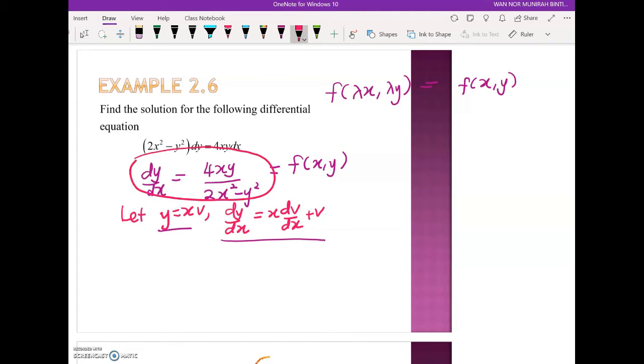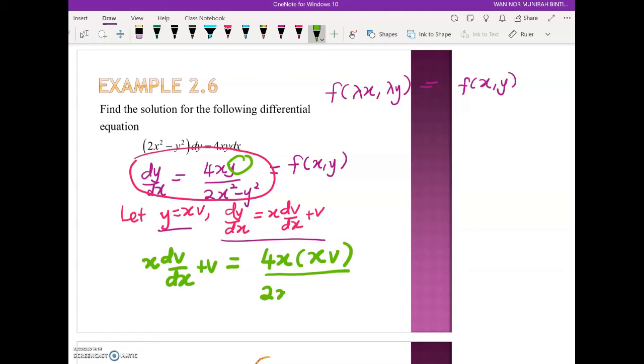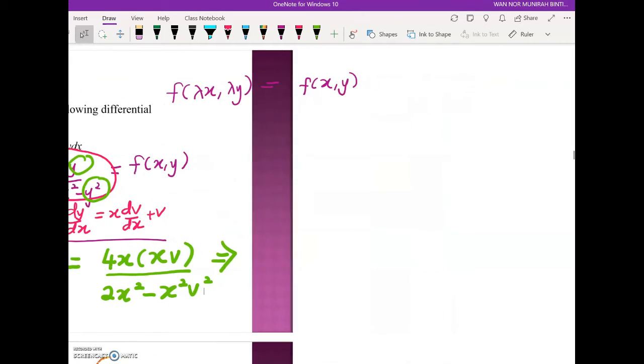So x dv/dx plus v equals 4x times xv over 2x squared minus x squared v squared.